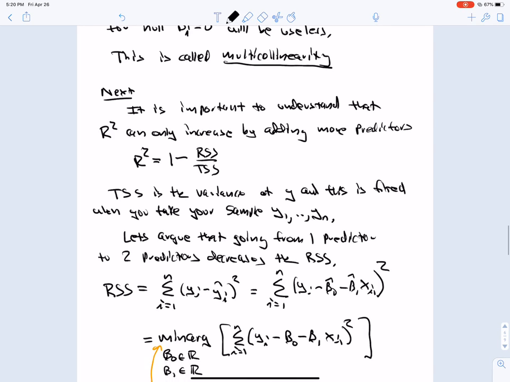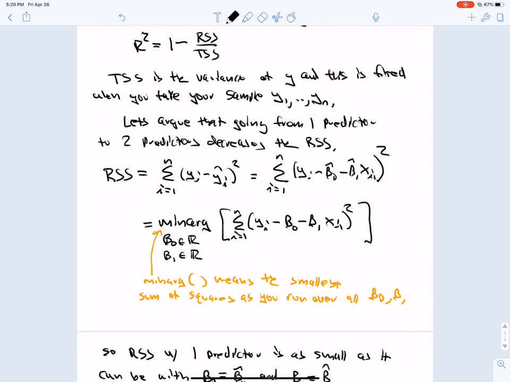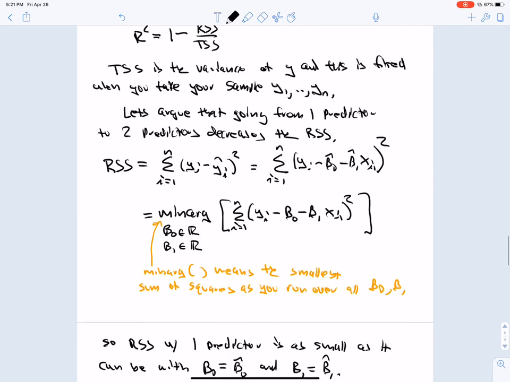So let's argue that going from one predictor to two predictors decreases the RSS and hence increases R squared. RSS is the min arg over beta 0 in R, beta 1 in R of the sum of the residuals squared. So you're looking for the beta 0, beta 1 that makes this as small as possible.